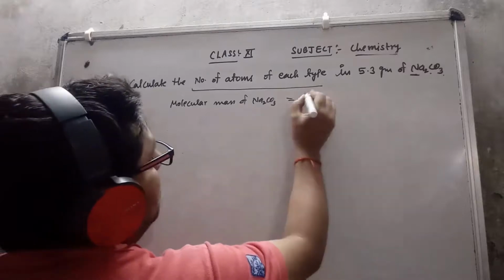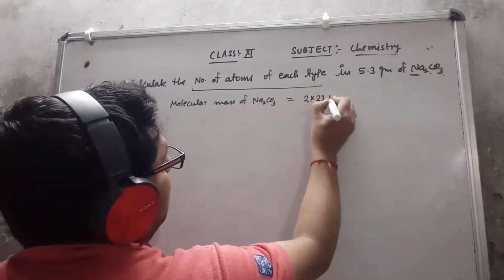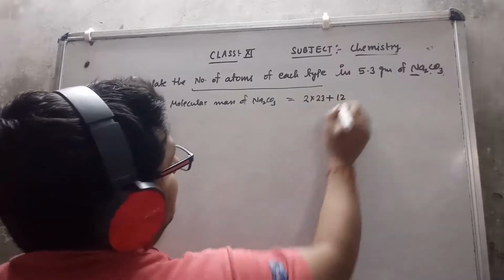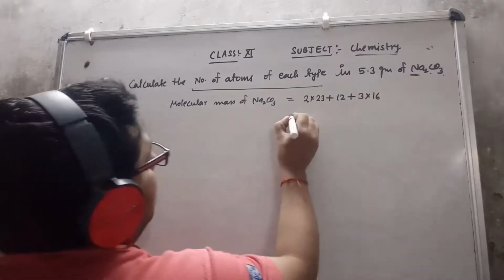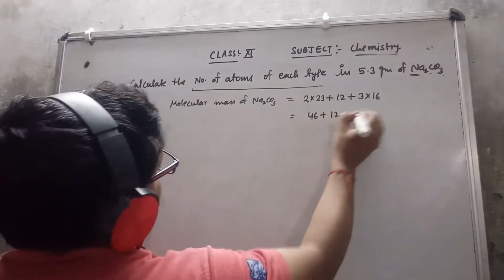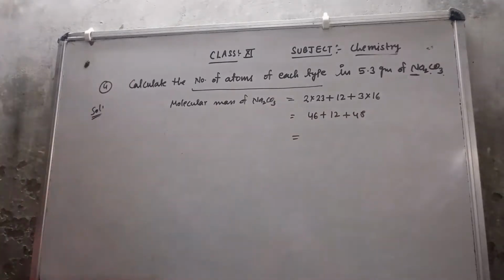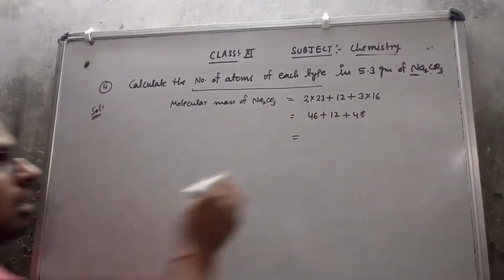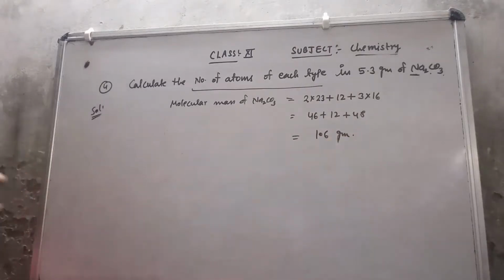It will be 2 multiply mass of sodium, which is 23, plus carbon mass which is 12, plus 3 multiply mass of oxygen which is 16. So 2 multiply 23 is 46, plus 12, plus 48. If you solve it, you get 106 gram. That is the molar mass of sodium carbonate.